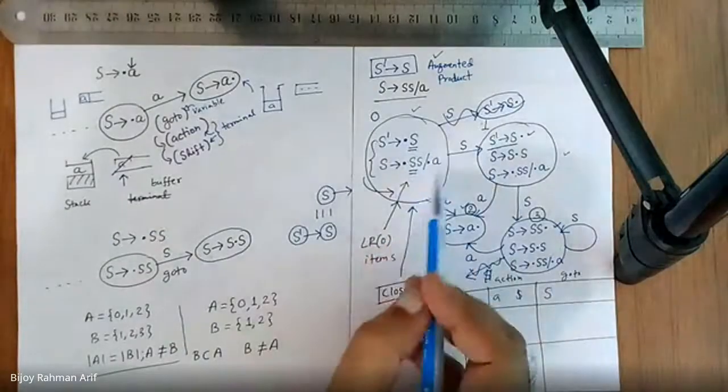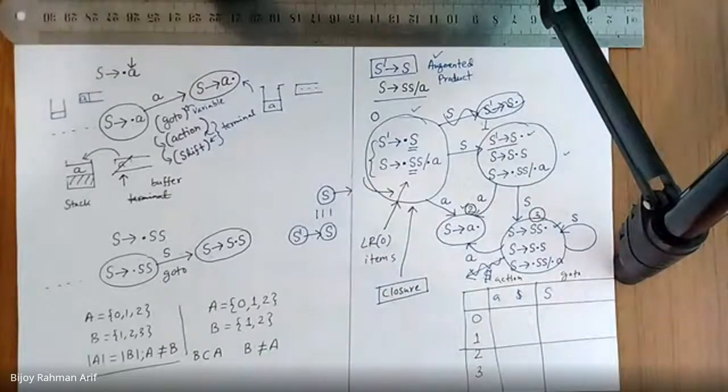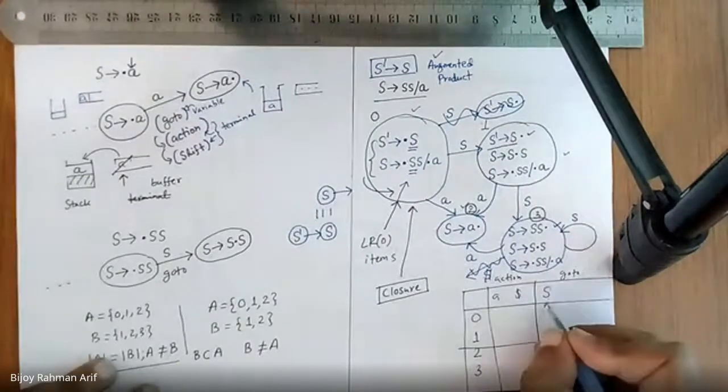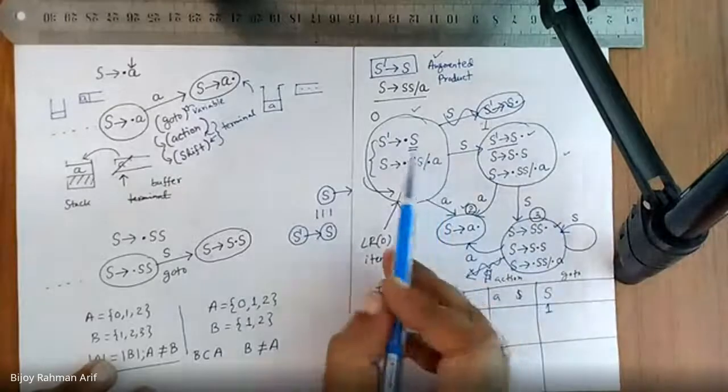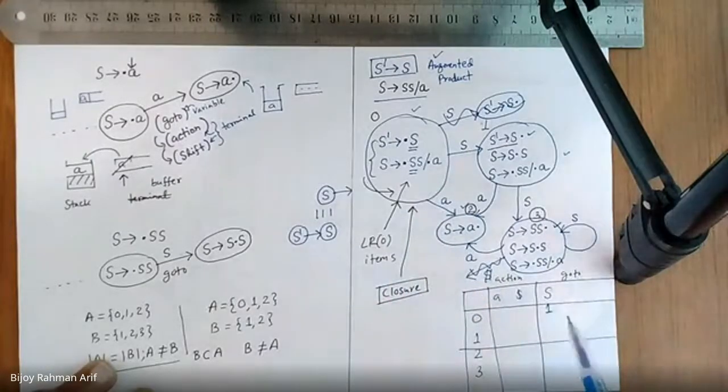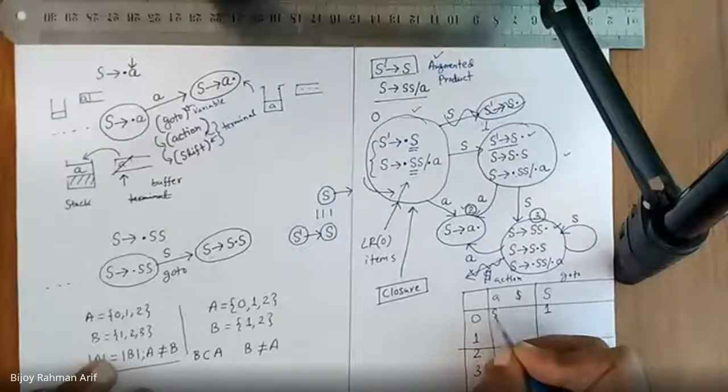Now state 0 seeing capital S, where should I go? 1. State 0 seeing A, where should I go? S2. Interesting.